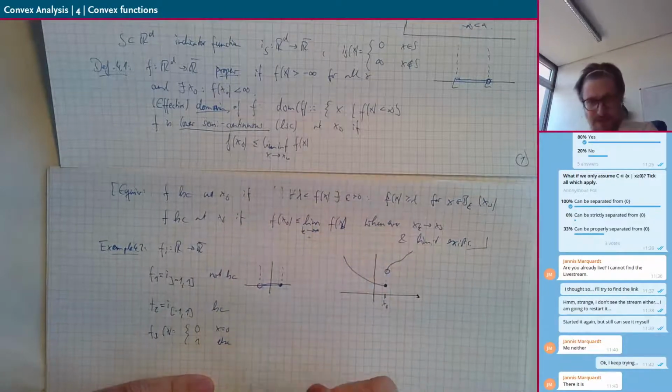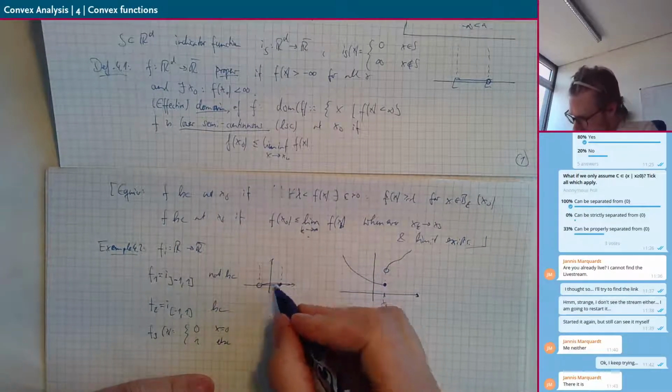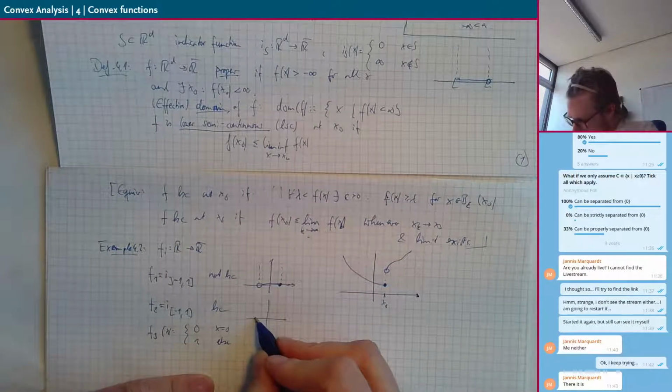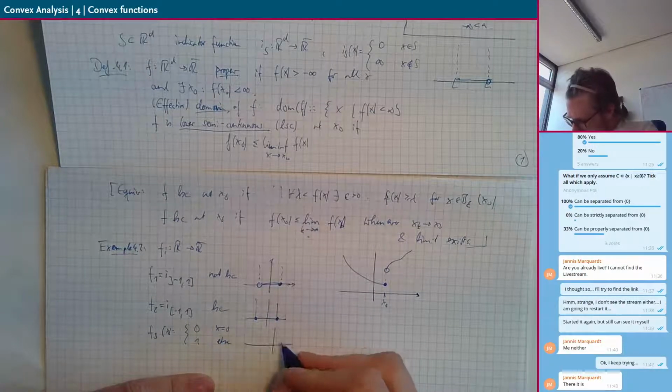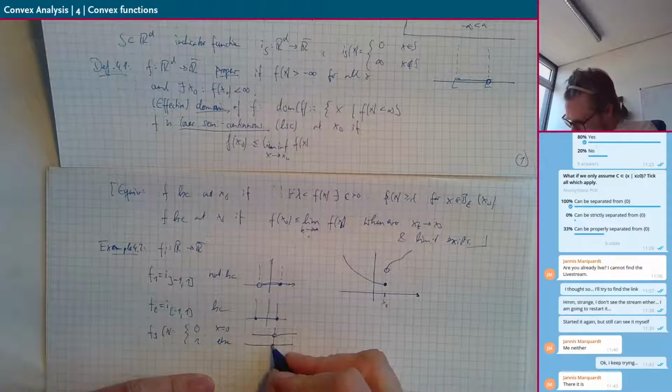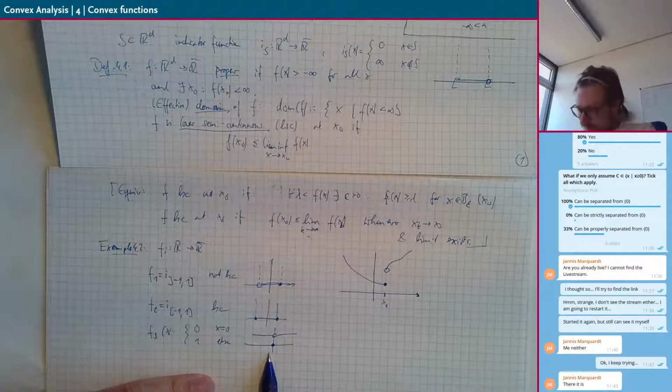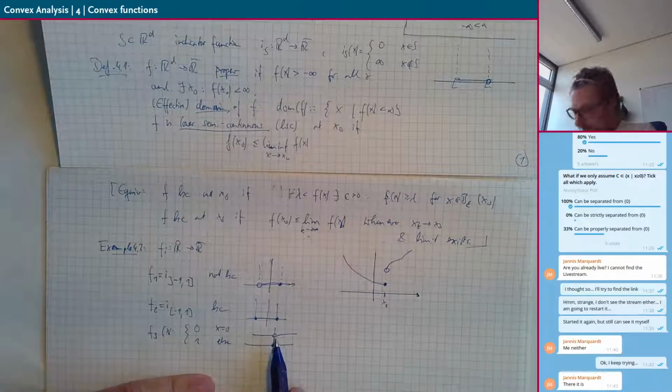This would look like this, and this is how I would draw the graph. Here it's -1, and 1, and it's always down there. And here the function would probably just look like this. This is also a lower semi-continuous function, so the only point of discontinuity is here, and there we just jump down.